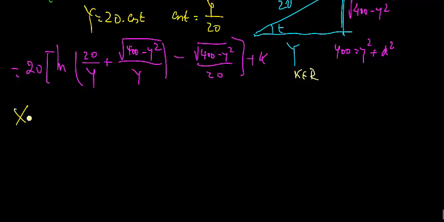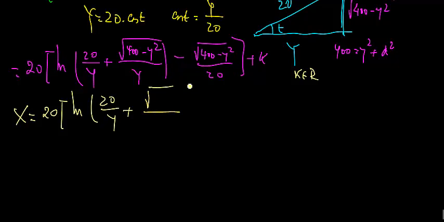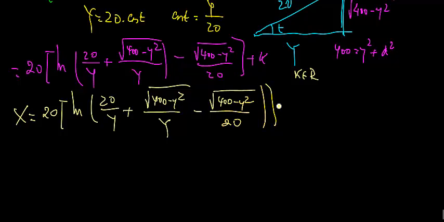So I have x equals 20 times logarithm of 20 over y plus square root of 400 minus y squared over y minus square root of 400 minus y squared over 20, of course, plus this constant.